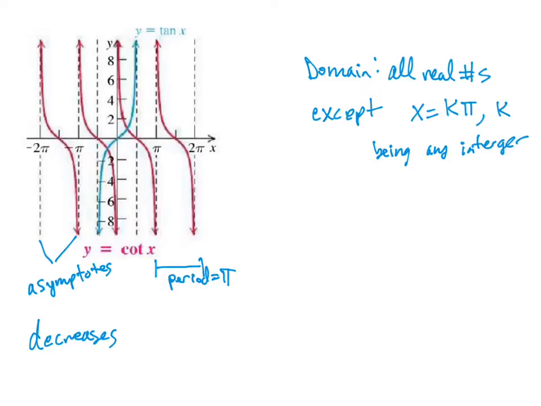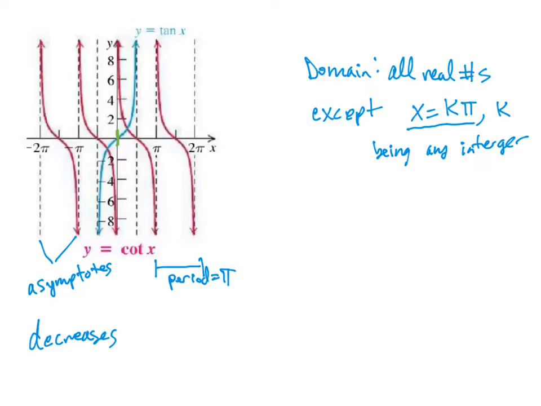Again, what we're stating here is just how we find the asymptotes. At 0, we have an asymptote, and at 0, k is equal to 0. Here, at pi over 2, we have an asymptote.